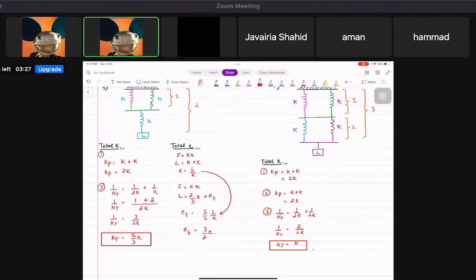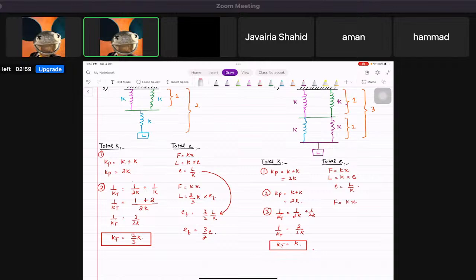Yeah. Now, we're going to find the total extension, and for total extension, first of all, for just one spring, I know that F is equal to Kx. If there was just one spring, the load was L, K was K for it, and extension was E. So extension is L upon K, we know this. Now, let's go forward. Again, for the whole system, we're going to use this.